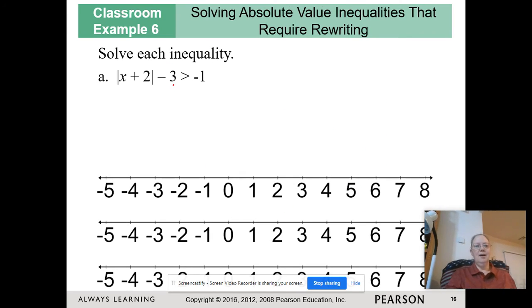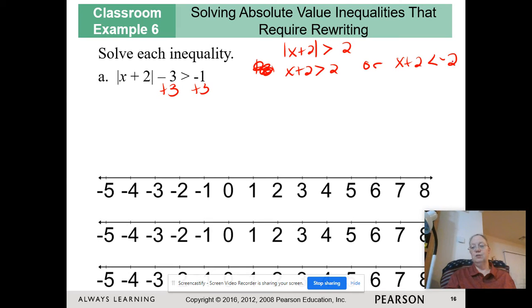Okay, same idea. We have to add the 3 first. Greater than, that's an OR situation. Reverse the symbol, reverse the sign.